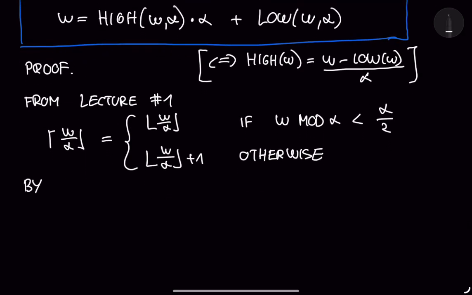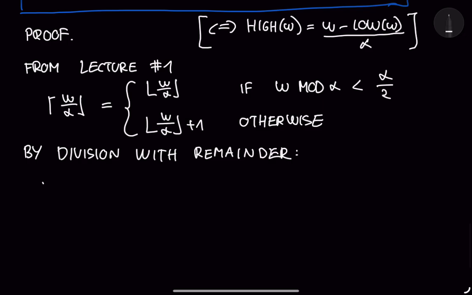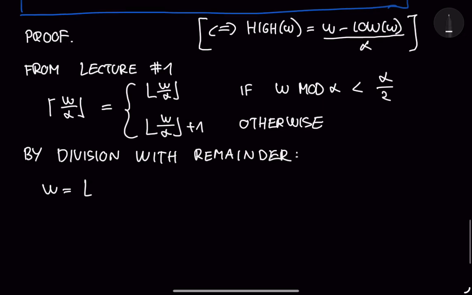So if we have w and we divide it by alpha, we get, by division with remainder, just the ordinary division with remainder theorem, we obtain that w is the same as the floor of w divided by alpha, this is the integer part, times alpha plus the remainder.